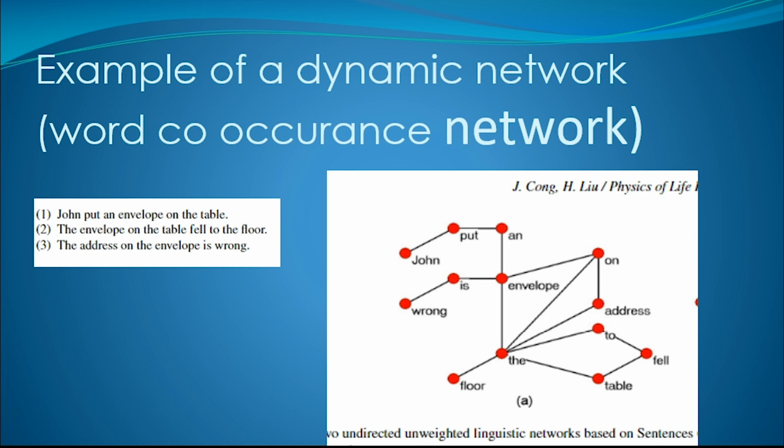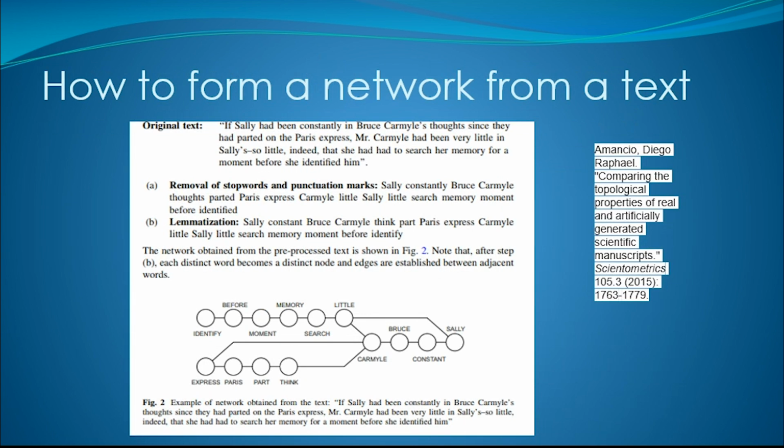So what we do is, we take a text and create the corresponding network. That's what we do. And we do not do it simply, we use a lot of processing before doing.